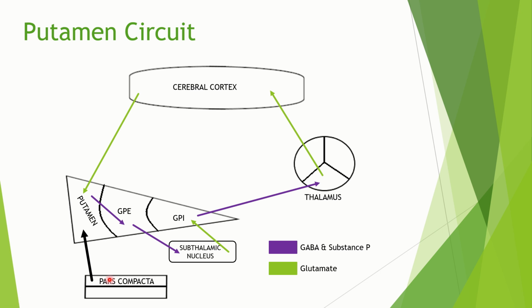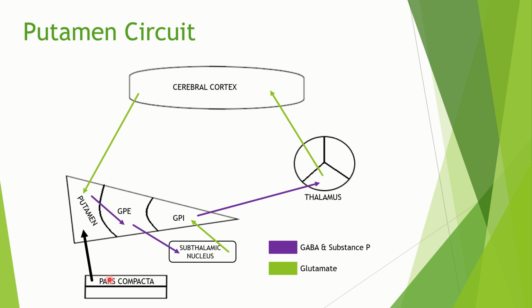Why are we interested in the pars compacta? The pars compacta releases a substance known as dopamine via nigrostriatal fibers. That is, fibers running from the substantia nigra, particularly the pars compacta, to the putamen.